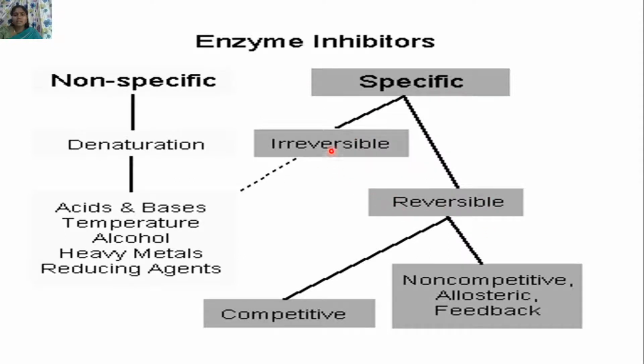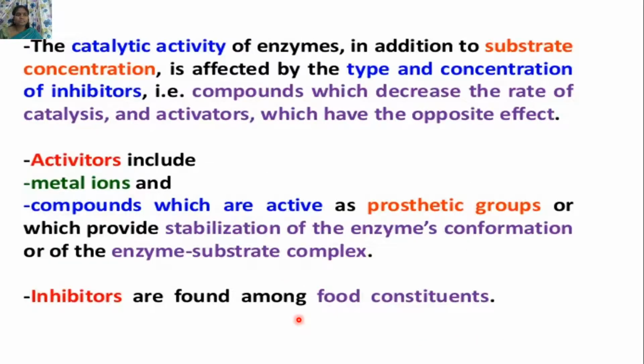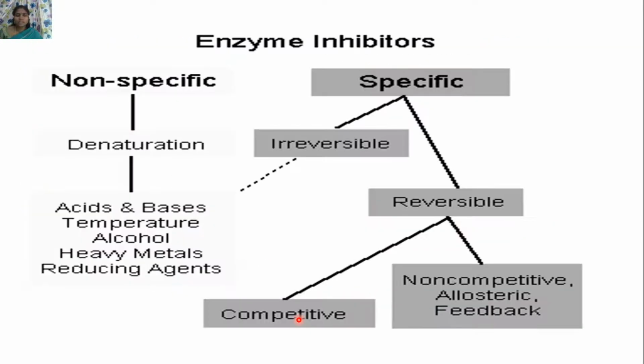In reversible, you have two types, competitive and non-competitive, which we will study further. These enzyme inhibitors are also factors which affect the enzyme activity.